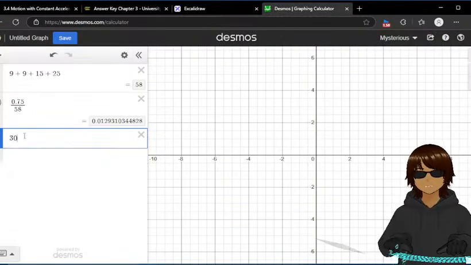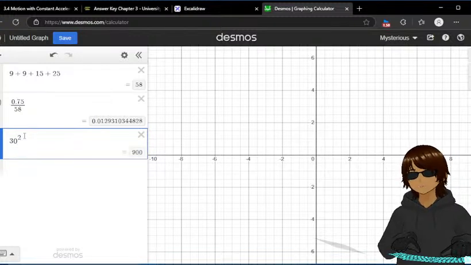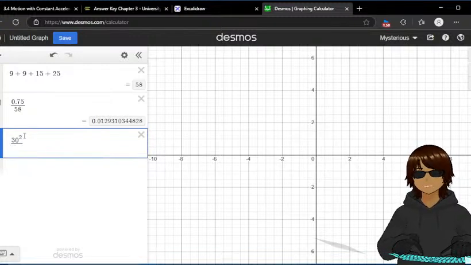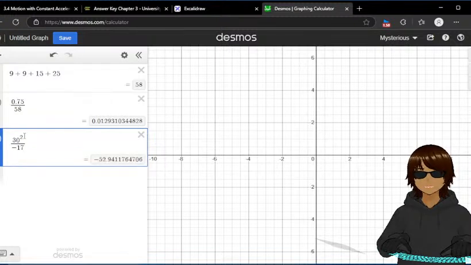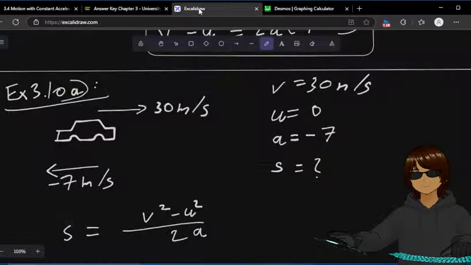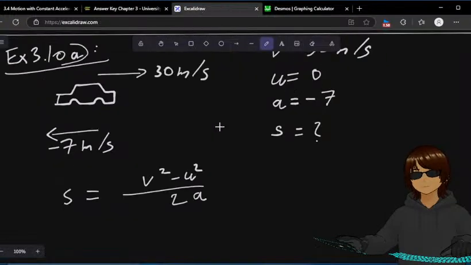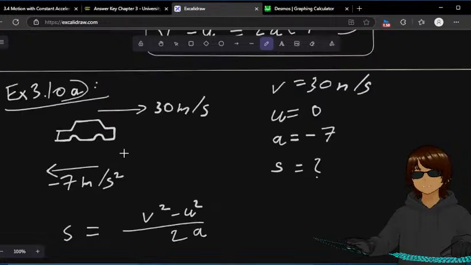So 30 squared over minus 14, with acceleration minus 7 meters per second squared.